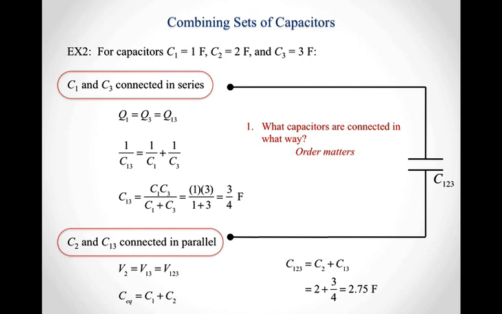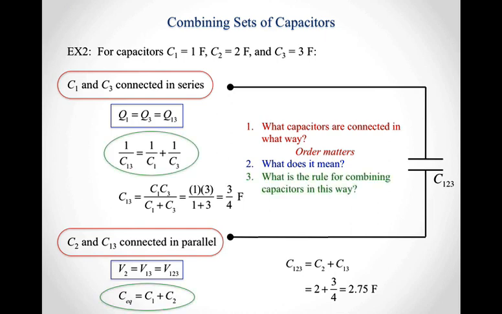We changed where C1 was, that changed the order in which things needed to be combined, and that changed the final value at the end. The second detail we want to pay attention to is what it means. When we connect something in series, it means that the charge is the same on that set of capacitors. When we connect capacitors in parallel, it means that the voltage is the same across those capacitors.